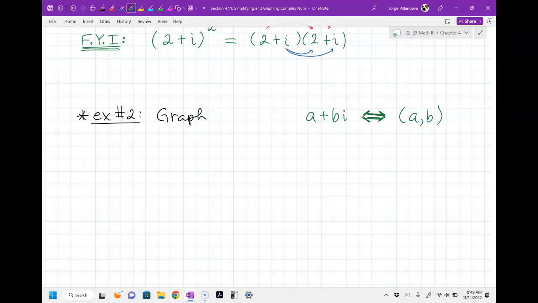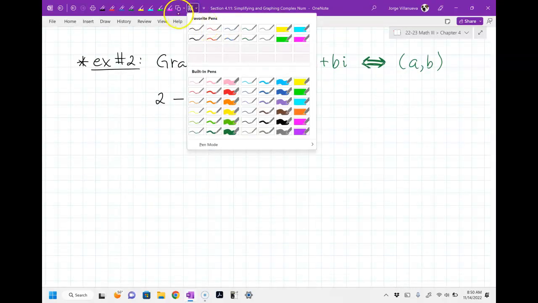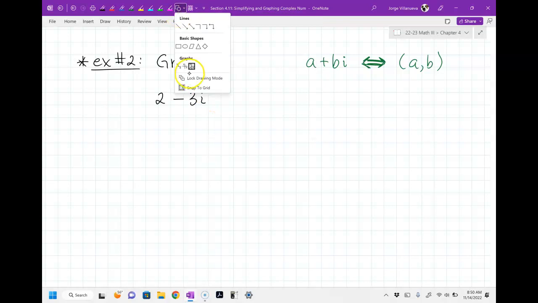Okay? So the a plus bi is just like a comma b. Okay, it's pretty easy. Don't get scared with this. So let me give you this example really quick. Graph the following. 2 minus 3i. I want you to graph that. I'm going to draw a little graph for us here.